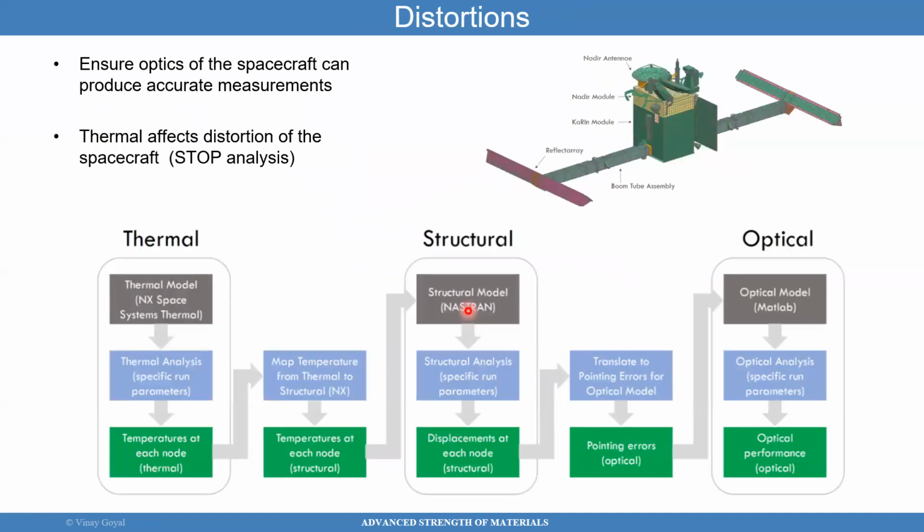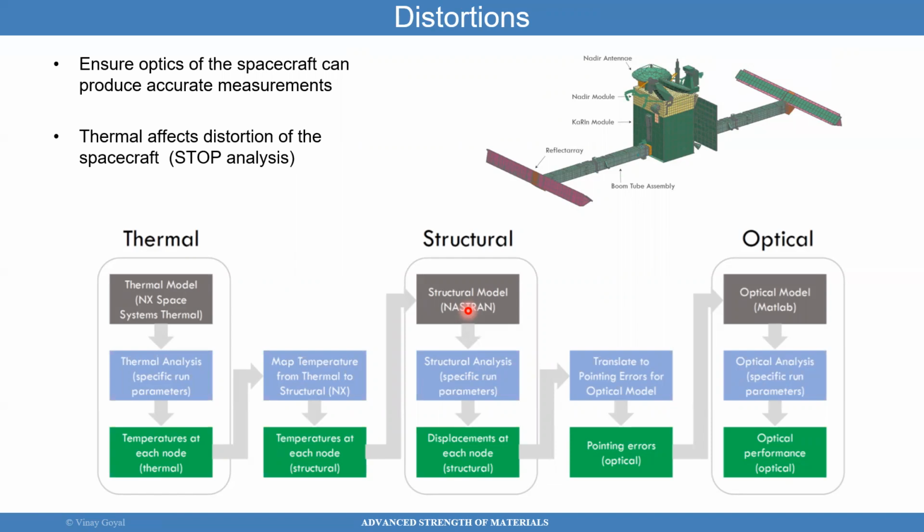Distortions, you may think distortions are not possible to cause a failure, but if I launch a mission and my optics are all screwed up because I didn't account for the distortion of the lens due to the heating environments of my spacecraft, then I have a bad lens that's not able to do what it's trying to do.